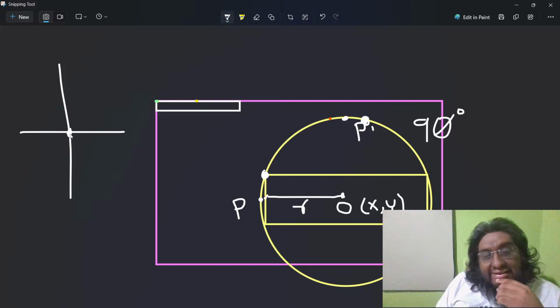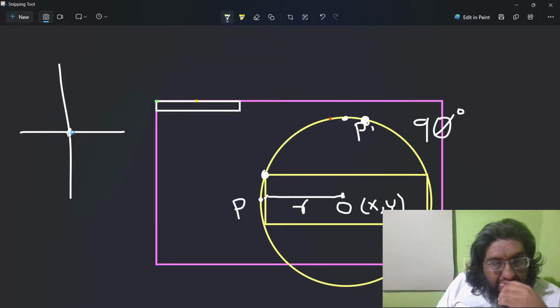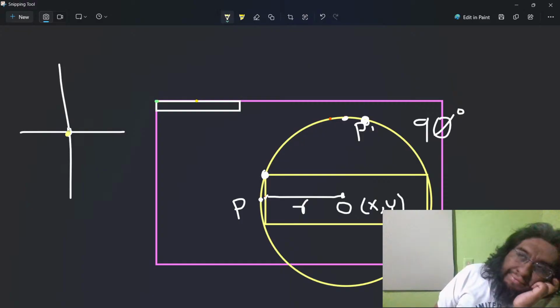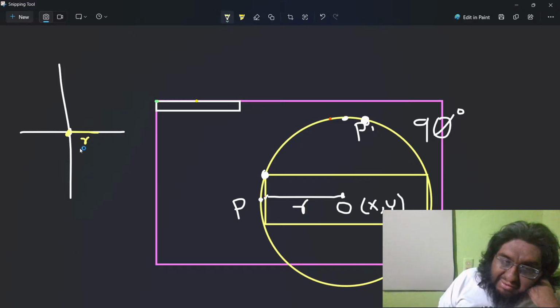The one thing that I can understand is that the center is here. Then maybe you need to know the radius. Maybe the radius should be a quantity you know, some number.